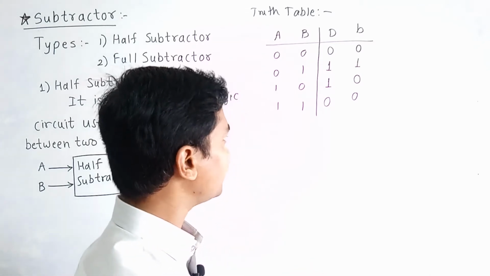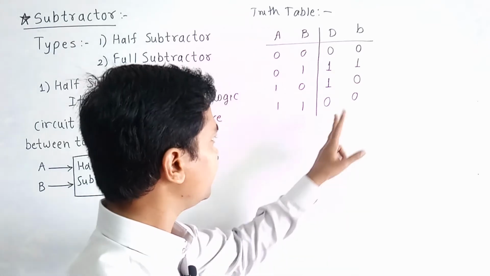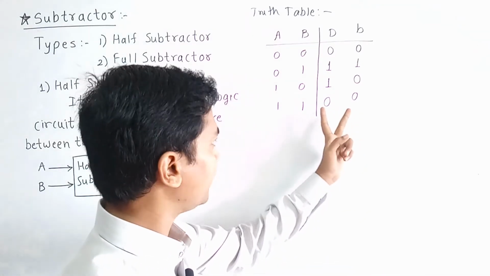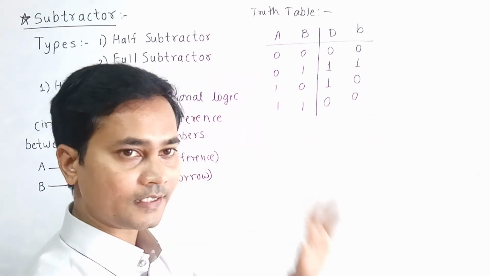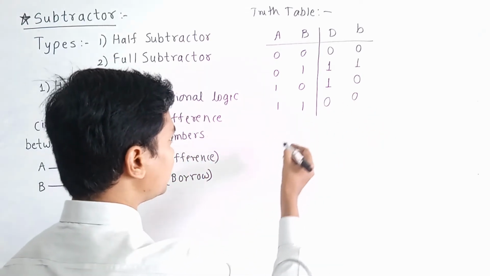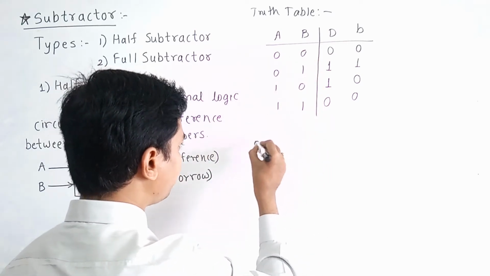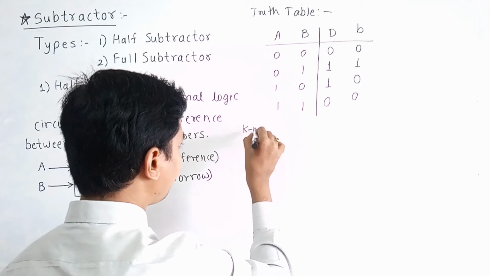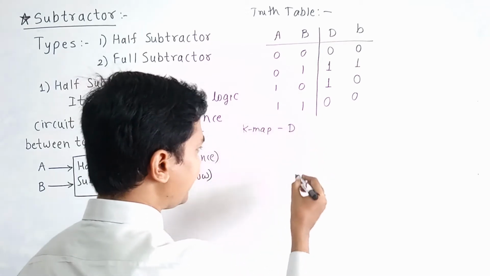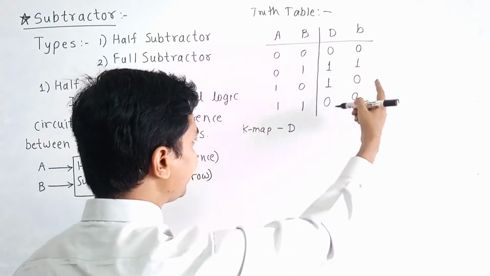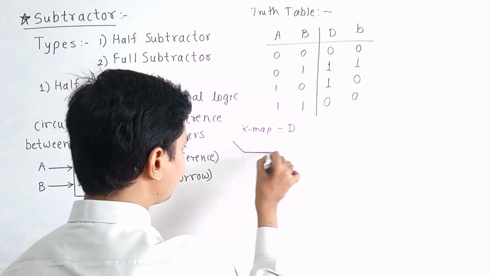Now the next step is we have to draw the K map for these two outputs. Okay, so the difference output and the borrow output, for this we will write the K map. As we are having two inputs, that means four combinations, so we have to draw the K map for D, difference, and the K map for small b, that is borrow. So first we will draw the K map for difference.